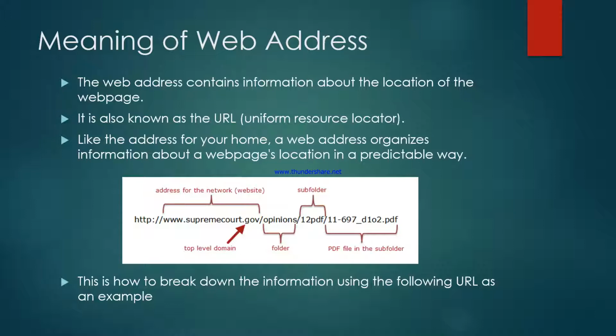A web address also organizes the information about a web page location in a predictable way. Different web pages are located on the internet in different web spaces, so this particular web address will locate the specific web page.